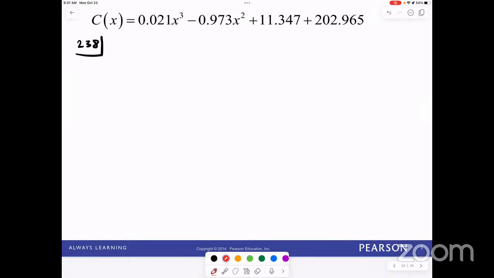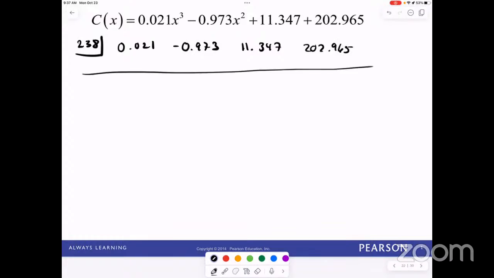I just kind of want to use this. Let me say 0.021, negative 0.973. I'm trying to avoid these numbers, but you can't get around it. So 11.347 and then 202.965. Okay, so if we do synthetic division on this, let me go with my intuition and set this to 0.